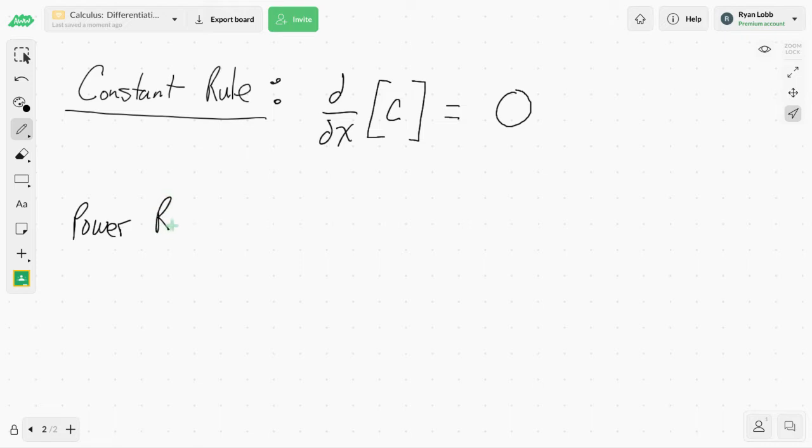Then we get into the first real rule that, when generalized from that limit, really makes things a lot easier: the power rule.